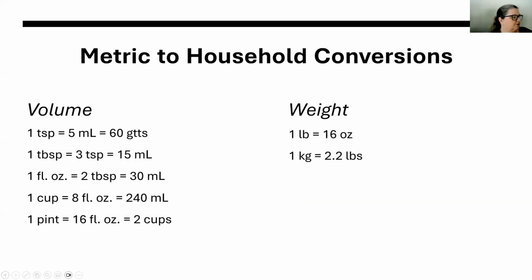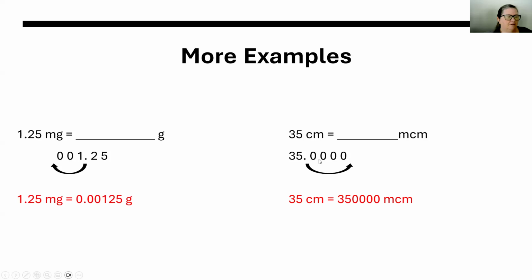Oh, goodness, I am so sorry. 10, 1, 0, to micrometer, 1, 2, 3 more. So your 10 that's between your centimeter and your millimeter is the 1, 0. And then 3 more zeros between millimeter and micrometer. It's 4 zeros, and you get 350,000 micrometers is equal to 35 centimeters.